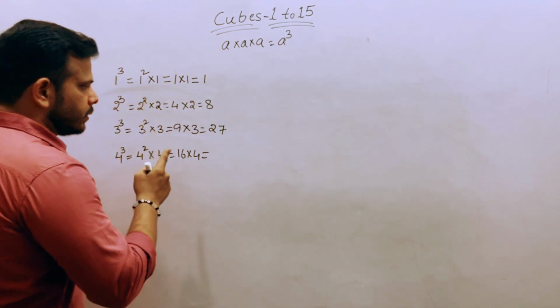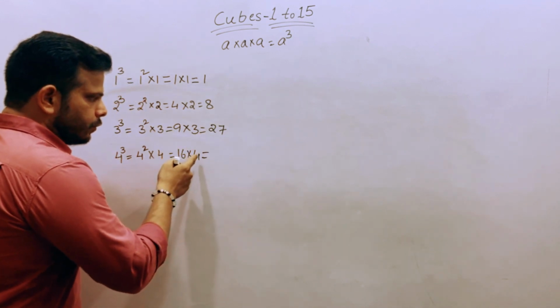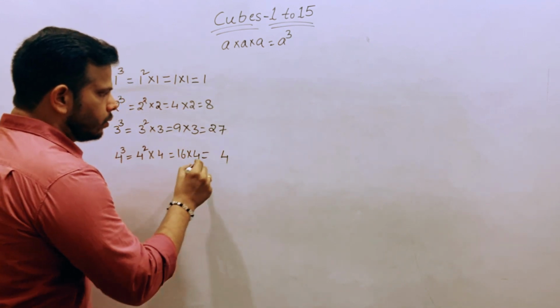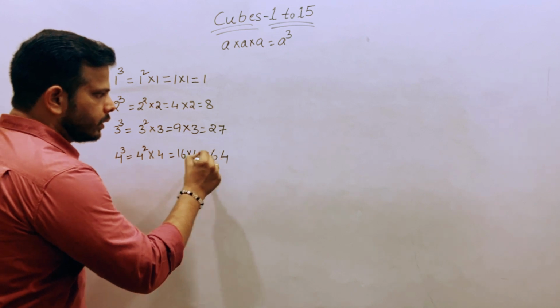Remember the tables concept. 4 6s are 24, 2 plus 4, 64.